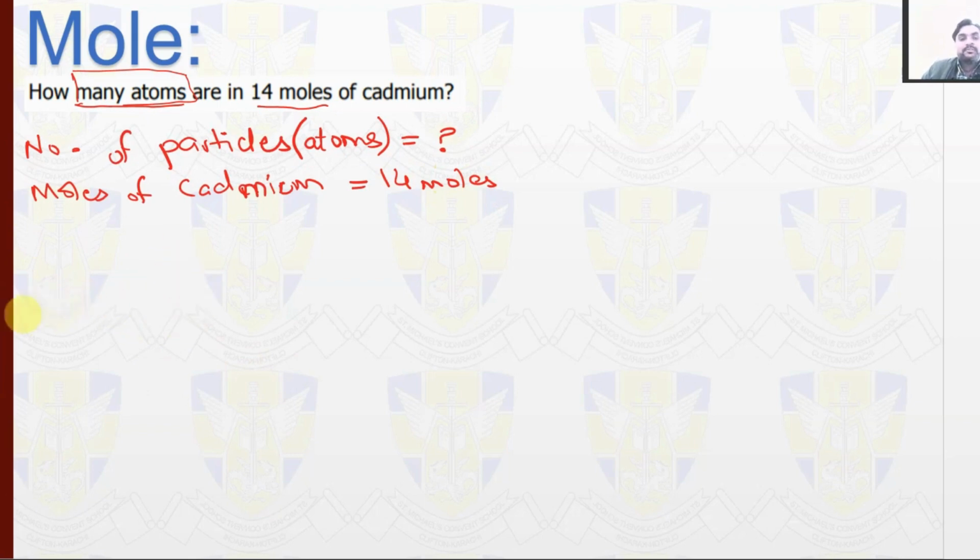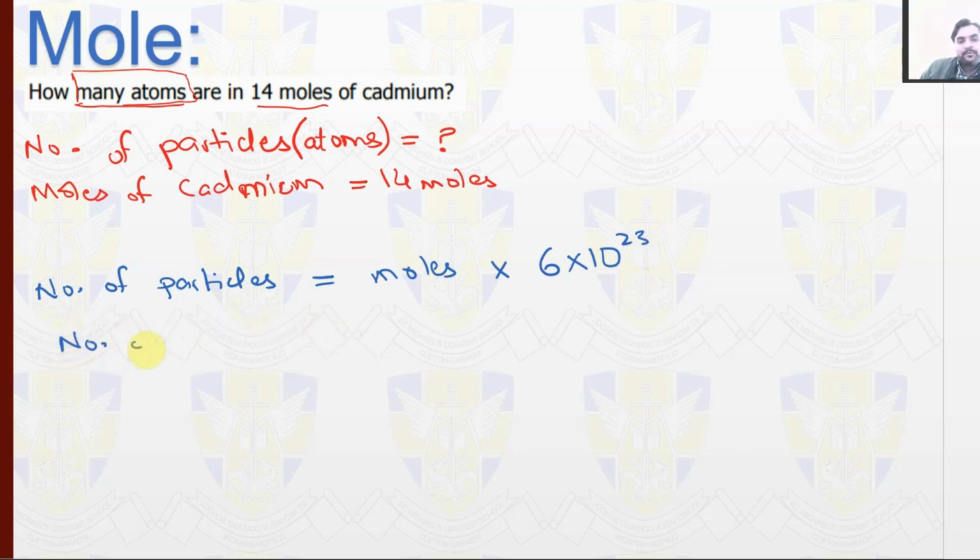If I ask which formula we have to apply, the first one for the moles, which is mass upon AR or MR, or the second one? Obviously, since the second formula is for the number of particles, you would be applying the second formula. The number of particles is calculated by moles multiplied by Avogadro number, which is 6 into 10 to the power 23.